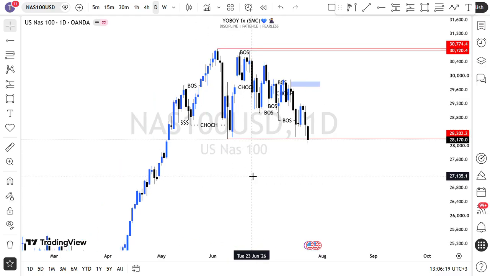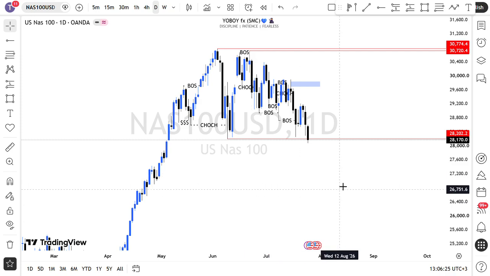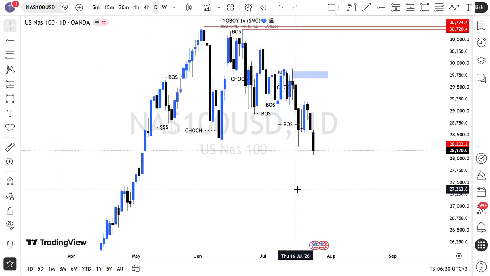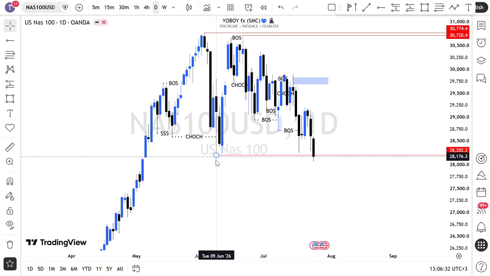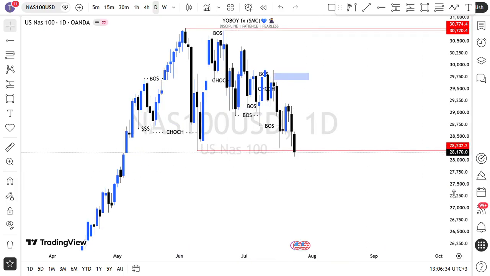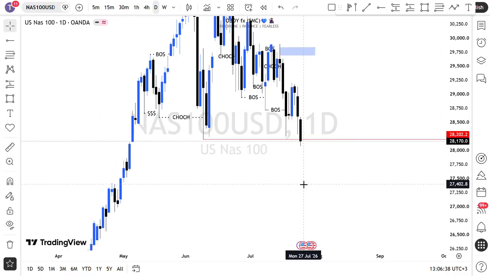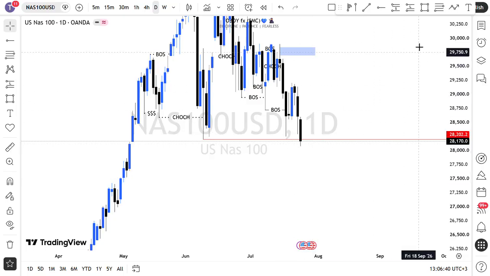So back to NAS 100 as my last pair today. On NAS 100, we have been looking for selling opportunities to the downside, and I told you guys that price has to take out this external liquidity, and finally price has already taken out that external liquidity, and this happened on Friday.